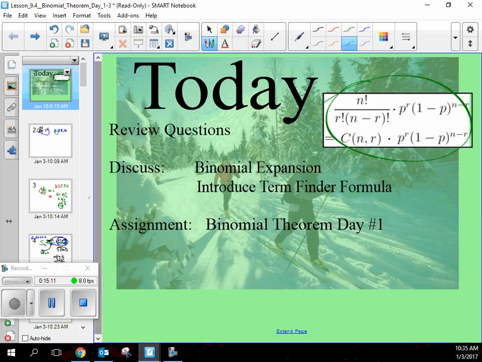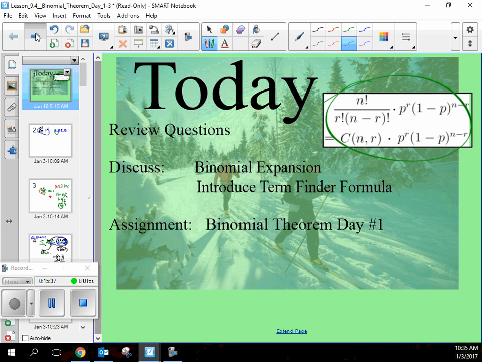Complicated, but I can show you how this works so much easier that I think I'm going to wait and not even use that formula until after you've done a few of them and go, oh, I can see how this would fit into the formula. I tried one year teaching it where I just said, here's the formula and let's do some, and oh man, that would not go well. But I think you're going to feel like this is easy if I show it to you this other way.